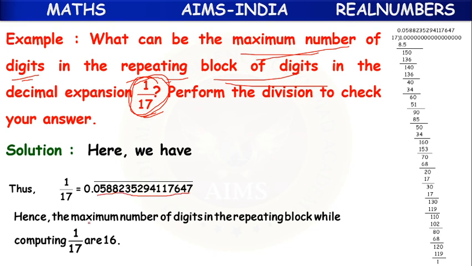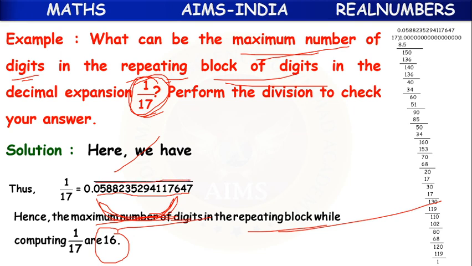So the maximum number of digits that are repeating will be 16. So for 16 decimal places, we are keeping the bar.